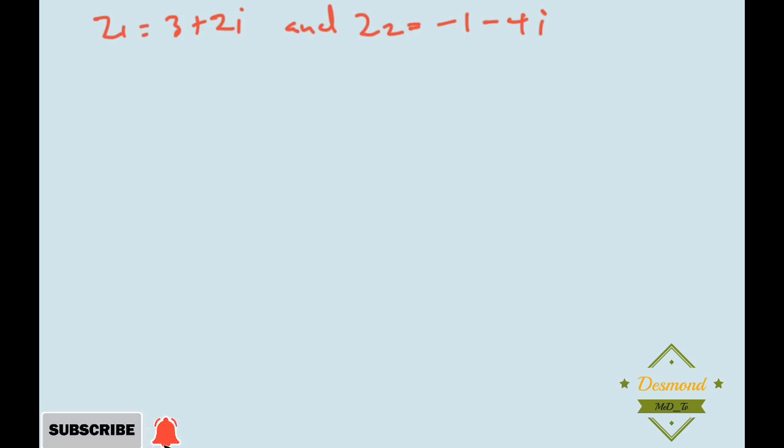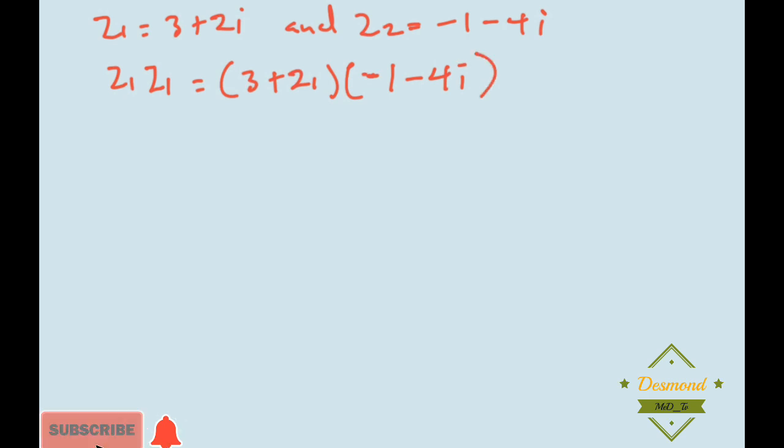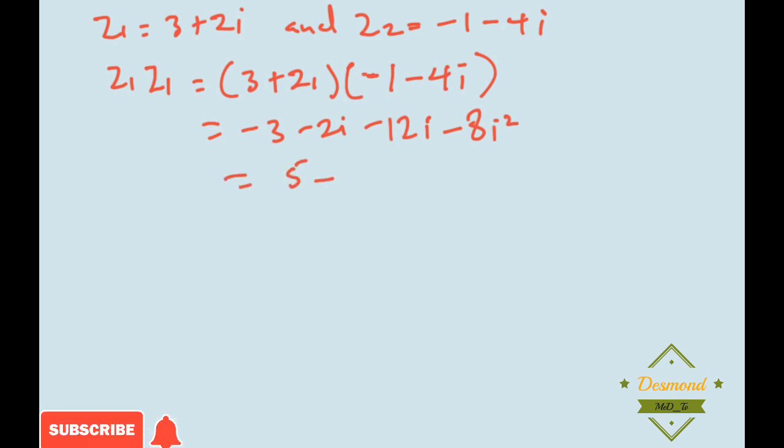So let's do it. z1 multiplying z2 should be equal to (3 plus 2i) multiplying (-1 minus 4i), and when we expand them, we should get -3 minus 2i minus 12i minus 8i squared. And when we do it, we should get 5 minus 14i. And this is our answer for example 1.